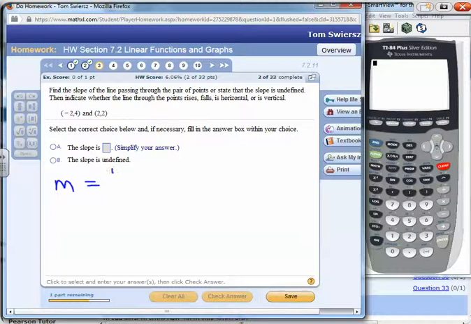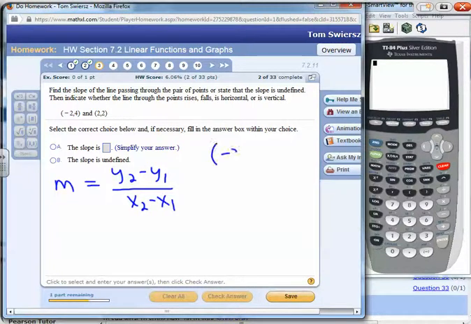The slope is y2 minus y1 over x2 minus x1. That's the ratio of rise over run, or vertical change over horizontal change. The y's are in the numerator because it's the vertical change, and the x's are in the denominator because it's the horizontal change. Now what you can do is you apply this formula.